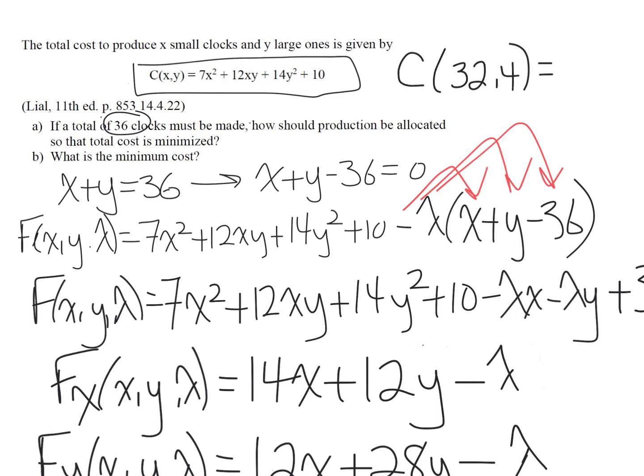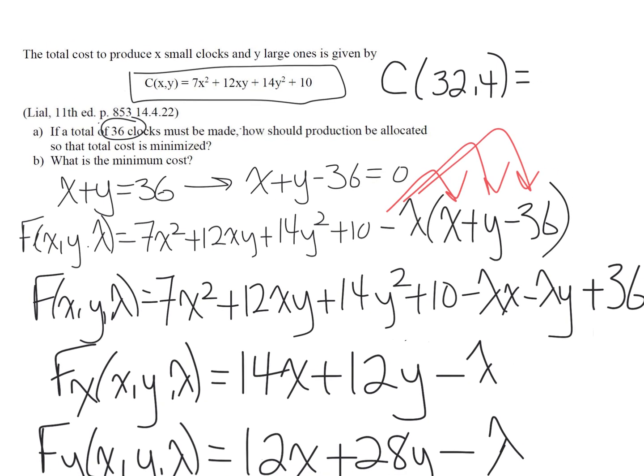So we find out what the minimum cost is at those values. Okay. $8,938.